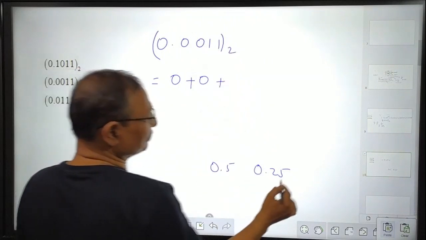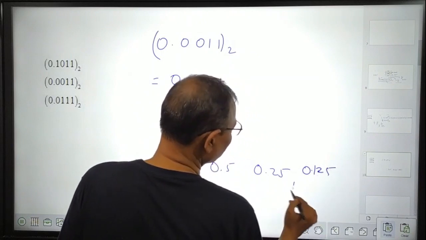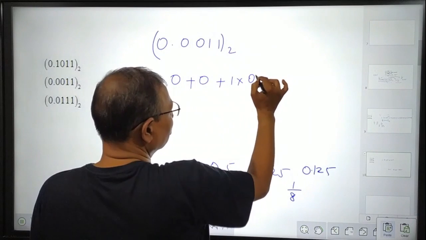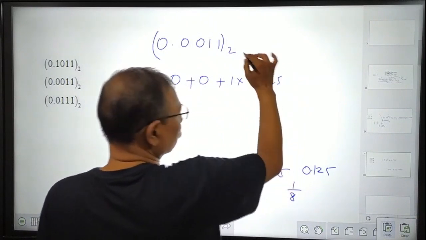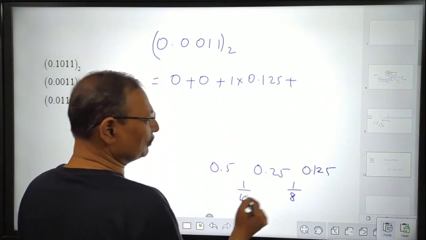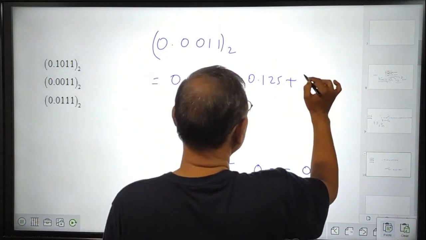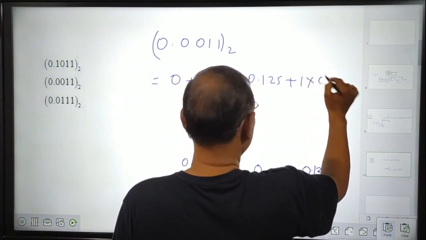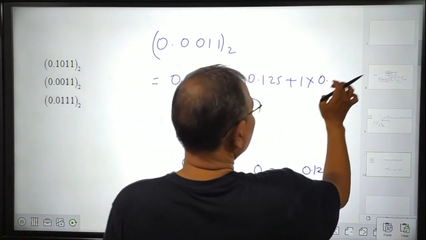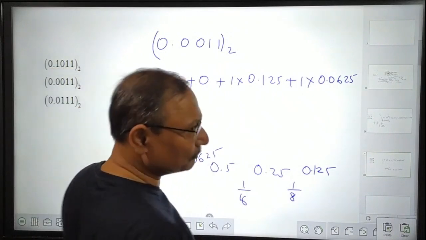And this one is supposed to be multiplied by 0.125, that means 1 by 8. So we can write this one as 0.125, and this one we are supposed to multiply by 1 by 16, or 0.0625.